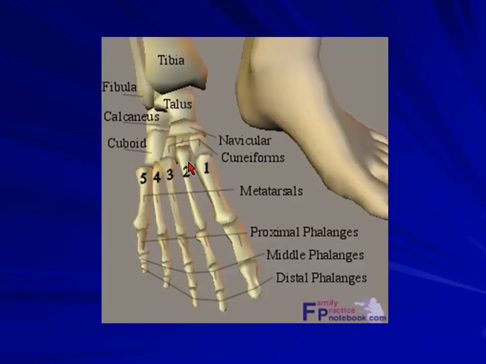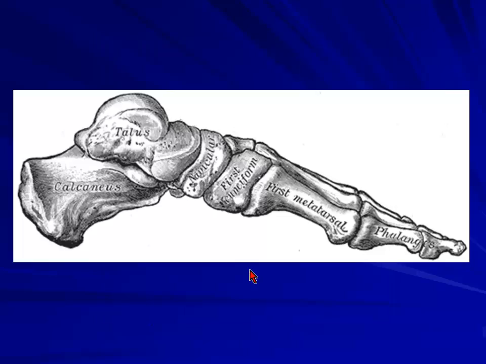This is just another projection. So you've got talus, calcaneus, cuboid, cuneiforms, metatarsals, and phalanges. This is basically a projection from the medial side. So if you are looking at the SPECT CT and you're looking at the sagittals, the sagittal will show an image.